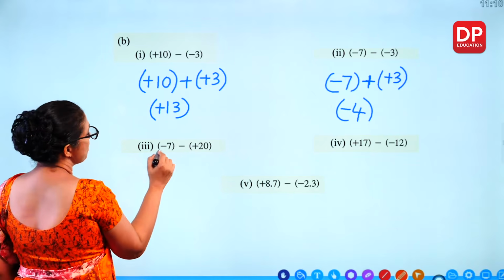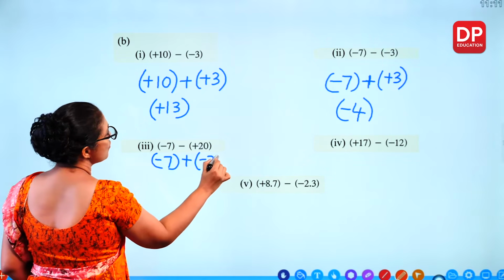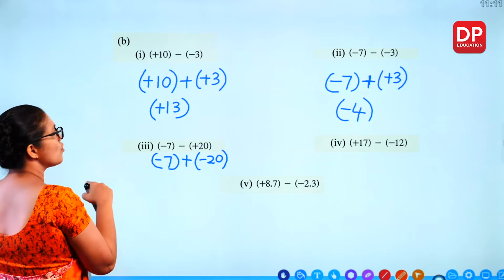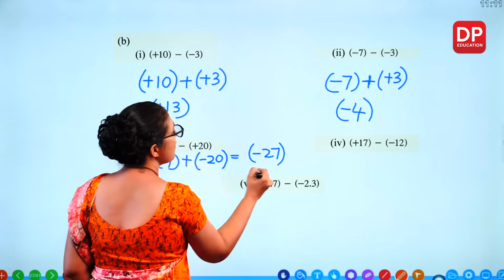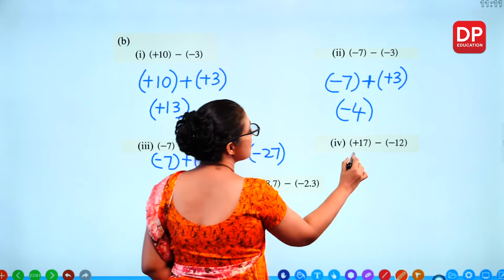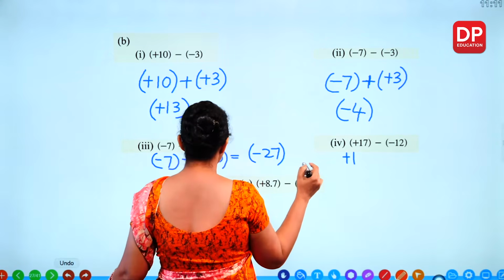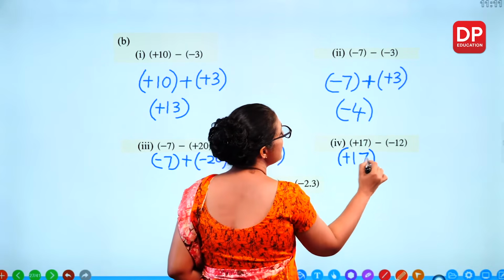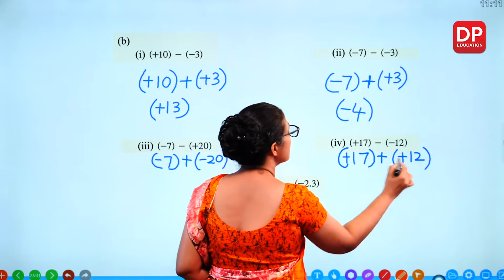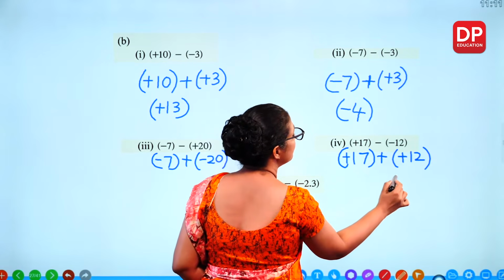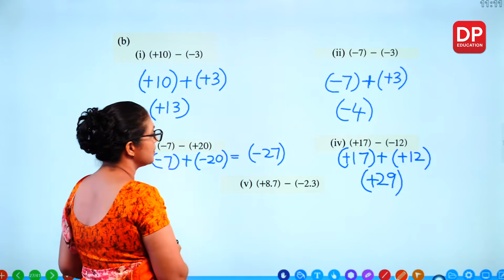Here minus 7 you can write as additive inverse of this, both minus, so just add it, minus 27. This one plus 17, and here adding the additive inverse of that, you get 29, that's plus.